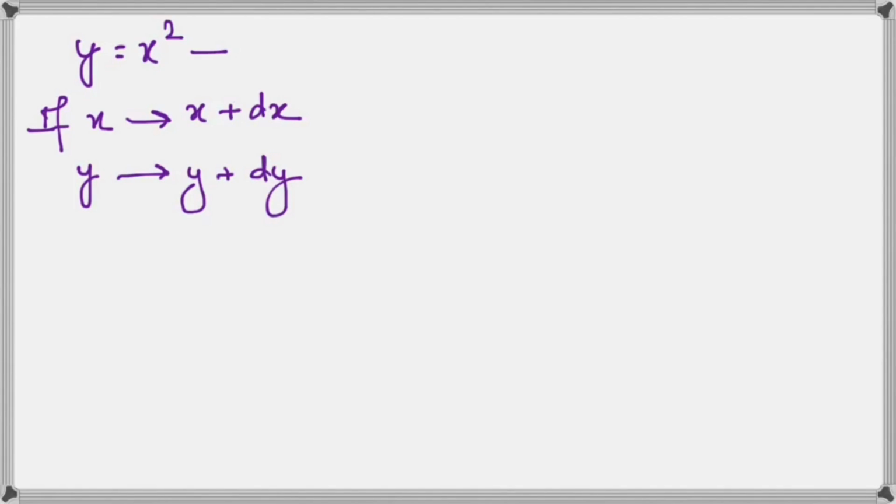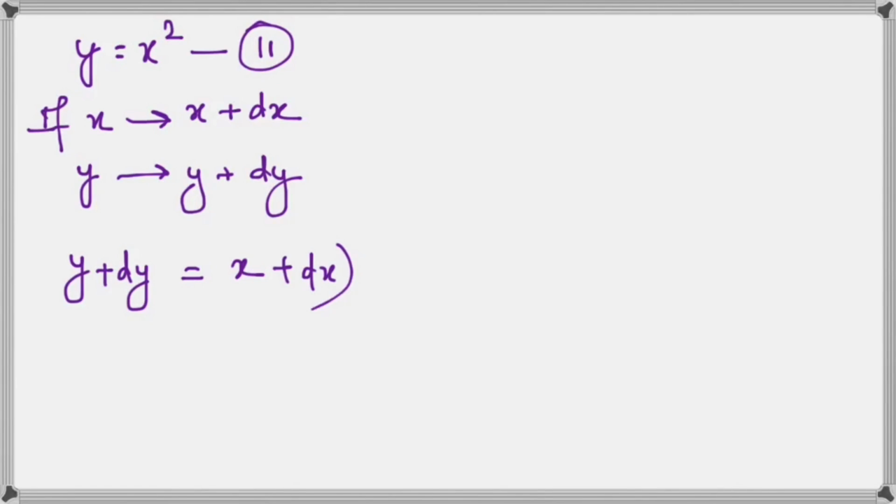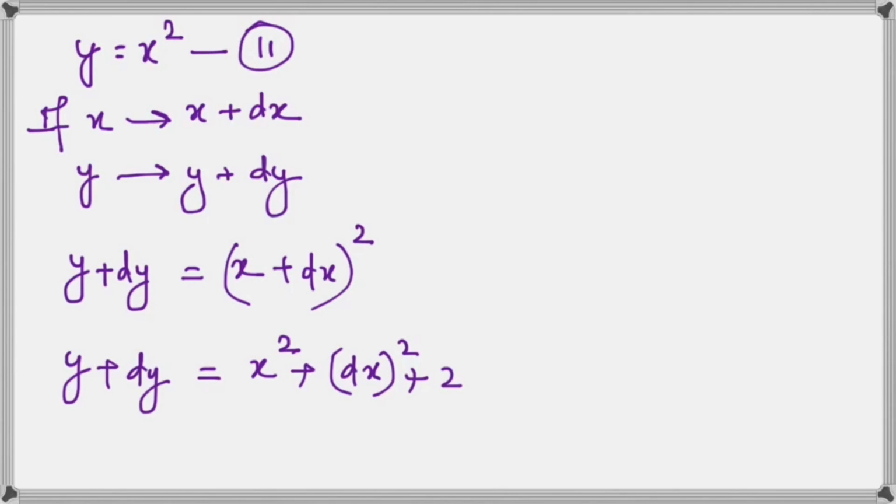And from the equation, let's call it equation 2, we can write y plus dy equal to the new value of x, that is x plus dx raised to the power 2. And since you know (a plus b) squared is equal to a squared plus b squared plus 2ab, we can write y plus dy equal to x squared plus dx squared plus 2x dx.